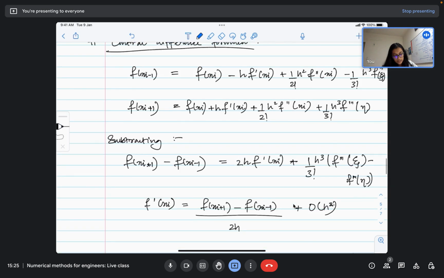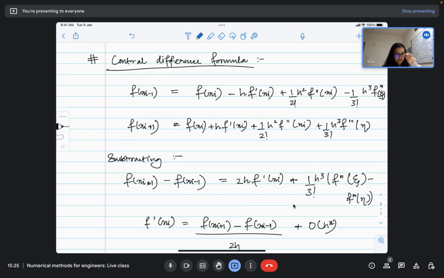Now, if we go ahead and understand the central difference formula, it is very similar to backward and forward, but there is a subtle advantage that we have in the case of the central difference formula, and we will see that at the end of the class.